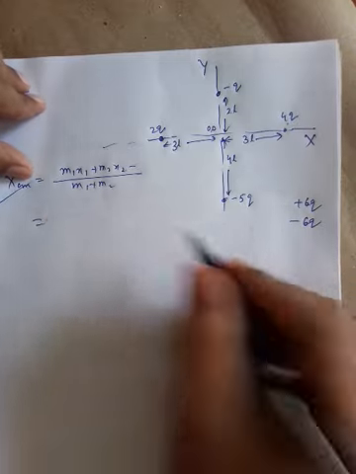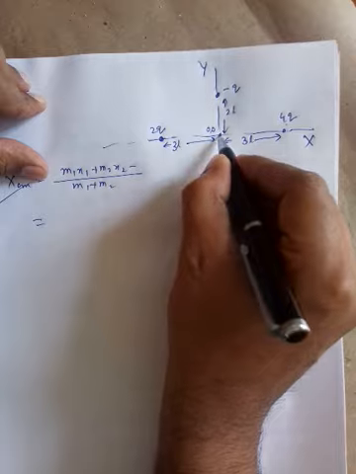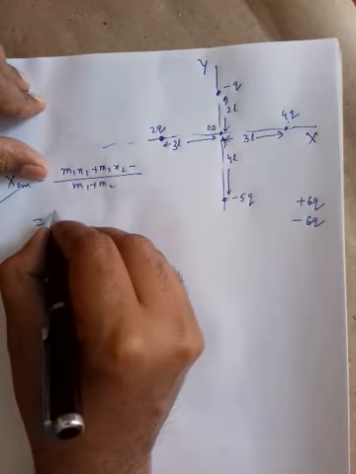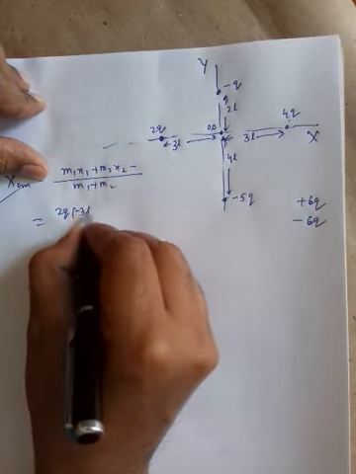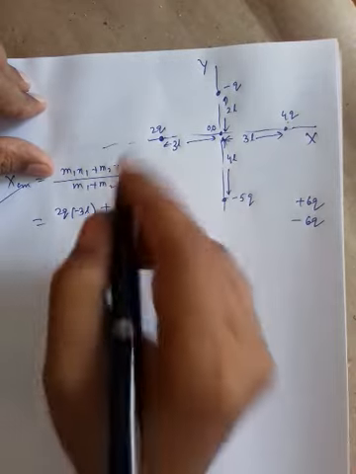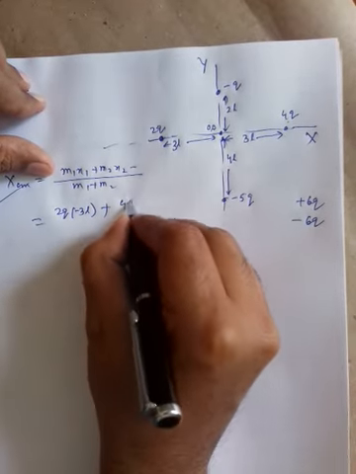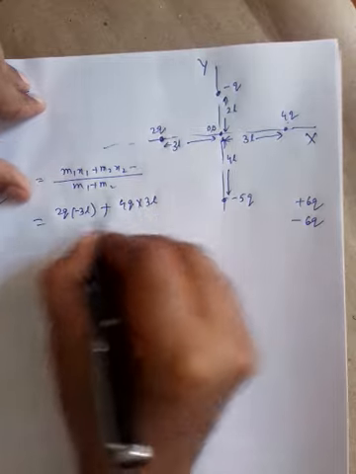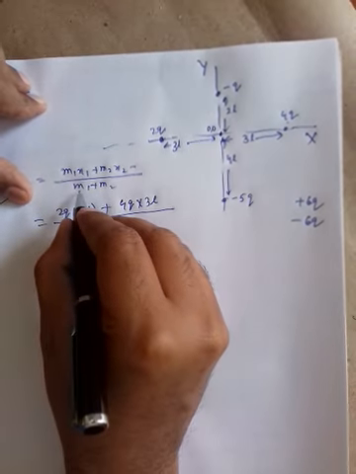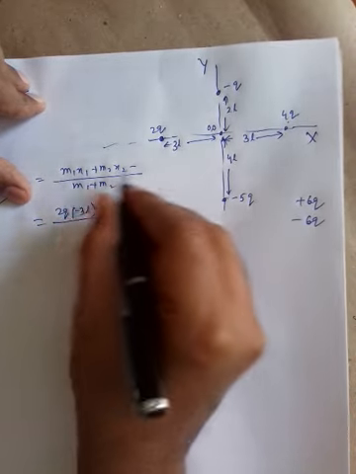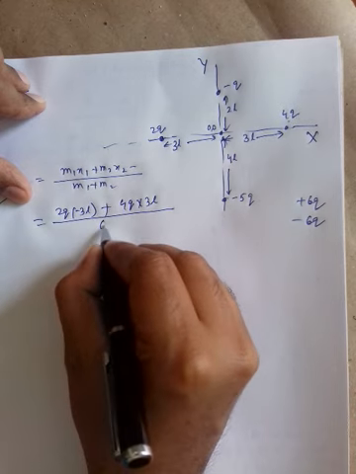First for positive charge, I am measuring from the origin, so 2Q at the left: 2Q into minus 3L. 4Q at the right of the origin is positive, so 4Q into 3L, divided by total charge. We are not writing with mass, we are writing with charge. Total charge is 6Q.